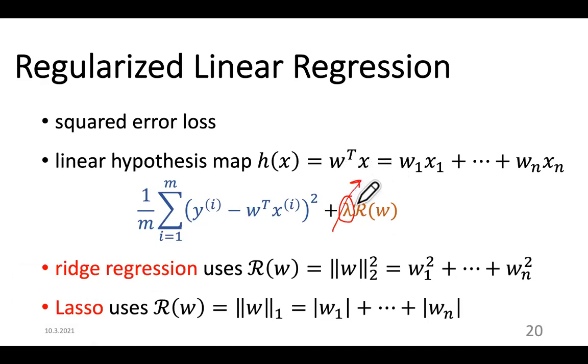And by making lambda large, we put a lot of emphasis on this regularization term. So we want this regularization term to be small. We want to learn a hypothesis which has a small anticipated increase of loss. Whereas if we choose this lambda small, then we put more emphasis on the training error. So for lambda 0, we obtain again the original learning problem, which is just to minimize the training error.